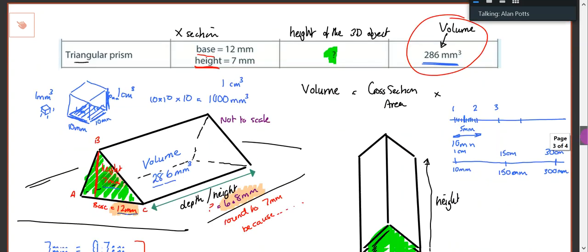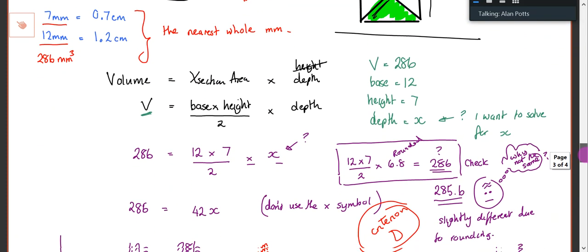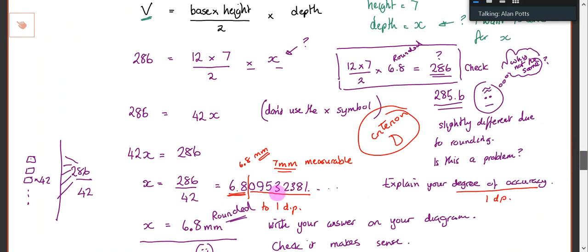If it was surface area, I'd use a surface area formula. I've identified all the numbers that I've got. I've then rewritten that formula, but with the numbers. And then I've solved for X and we got an answer.